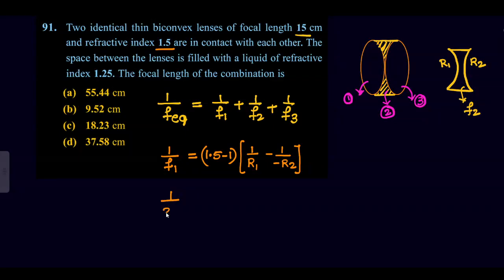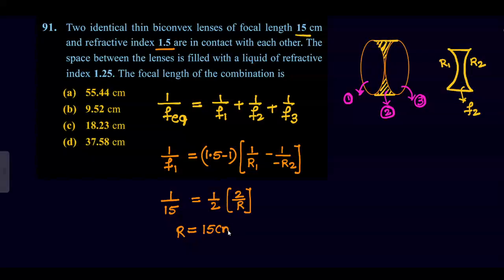Here R1 and R2 we consider as equal, then it becomes 2 by R. The focal length is 15, so 1 by 15 equals 0.5 into 2 by R. From this we can get R, which is 15 centimeters. So we got the radius as 15 centimeters.